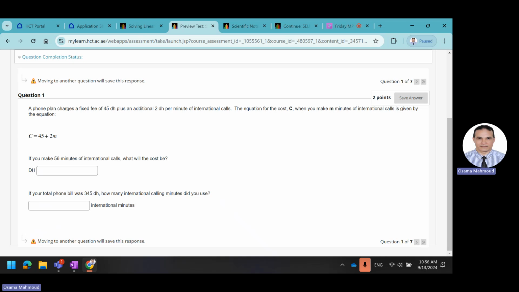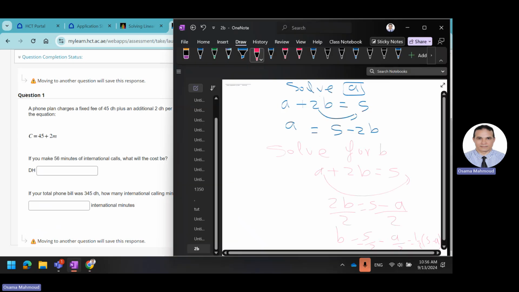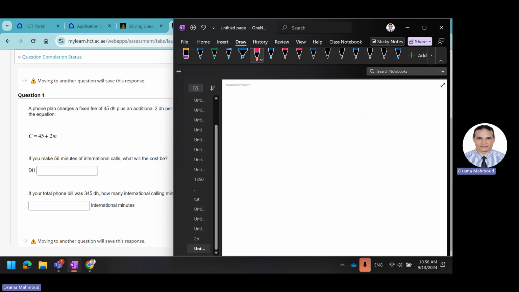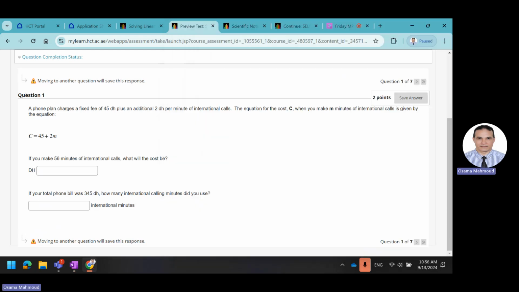When you are given an equation and asked to calculate something, you plug in the number. That's it. If you talk for 56 minutes, with m as the symbol for minutes here, it's 2 dirham per minute.